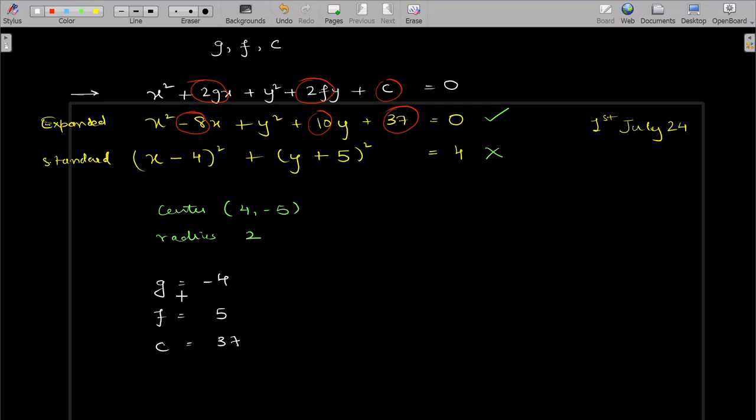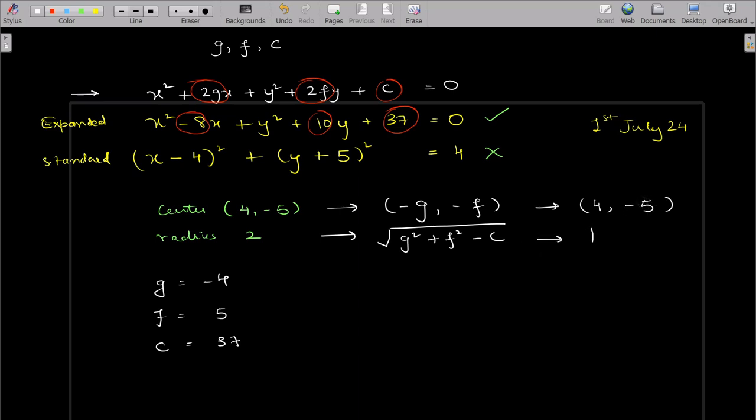Perfect. And now when you have the values of g, f and c, then in order to find out the center, your center is actually negative g comma negative f, and your radius is square root of g square plus f square minus c. So negative g comma negative f, that means negative of negative 4, that means positive 4, and negative of f, negative of 5, that will be negative 5.